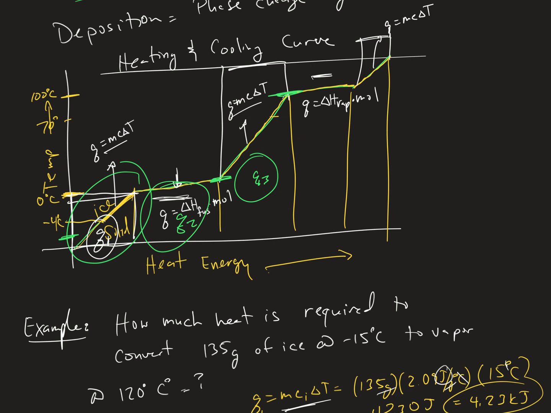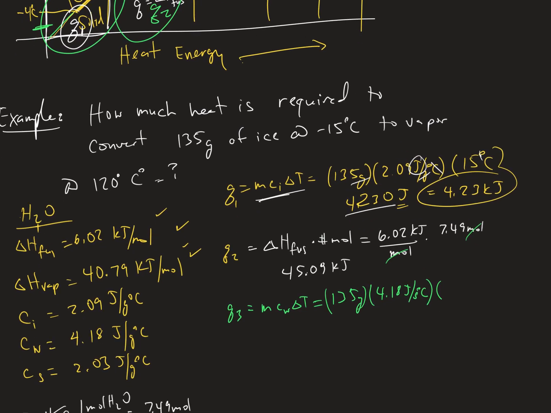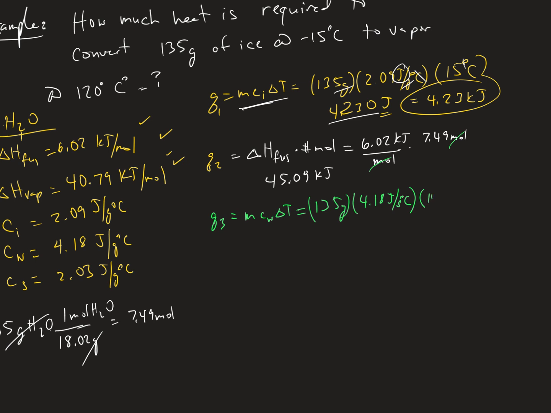But does everybody know the melting point of water is 0 degrees Celsius? Boiling point is 100 degrees Celsius. So this is 100 degrees, and again it's final minus initial, 100 minus 0, so it's a positive 100 degrees. We do that math and it's 56.48 kilojoules.